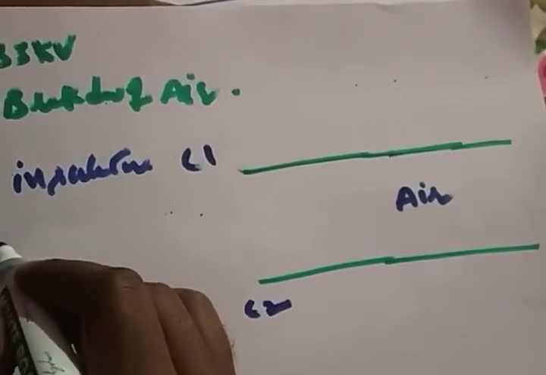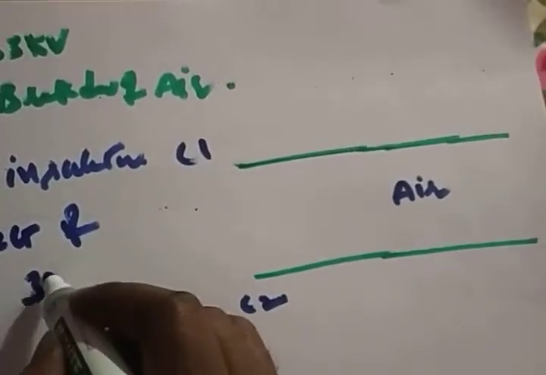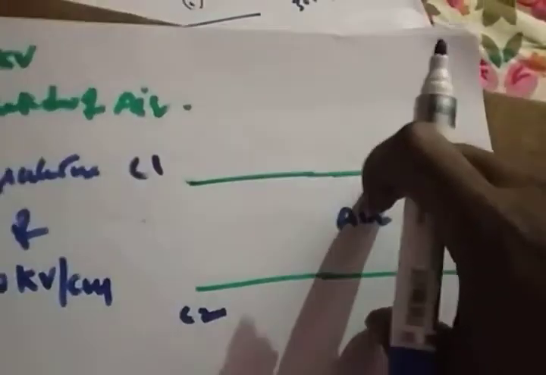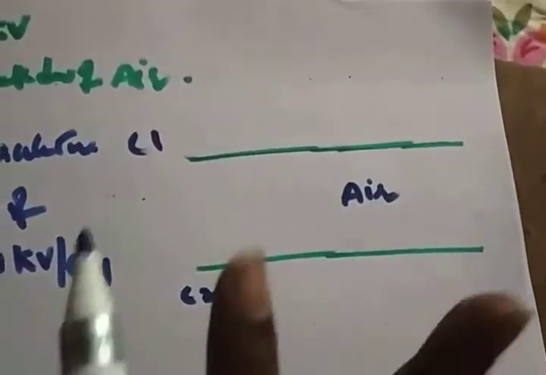So the dielectric strength of air is 30 kV per centimeter. Whatever the insulating medium, air, the dielectric strength of this air is 30 kV per centimeter, right? If it crosses, what happens? The air will also act as a conductor.